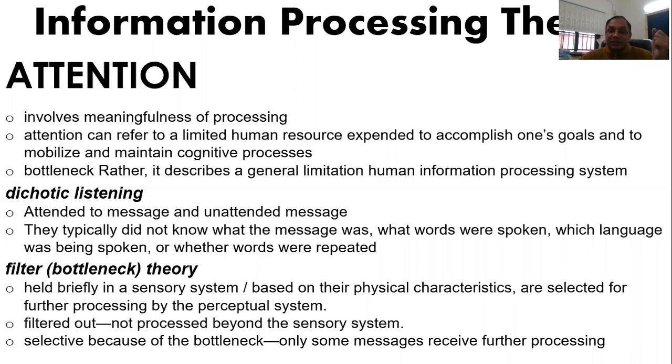The bottleneck theory says that your sensory system stops or filters information. You must have noticed this a lot of times when you're asked, okay, look at the picture and find out similarities and differences. It's easier to find similarities, because you say, okay, this color is in this picture, and this color is also in that picture.